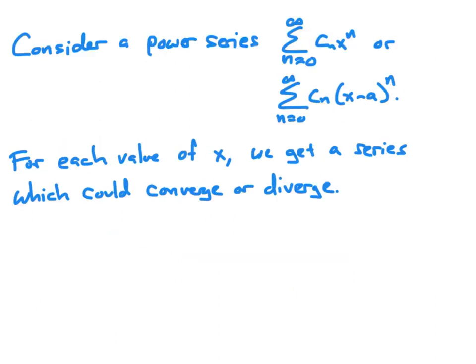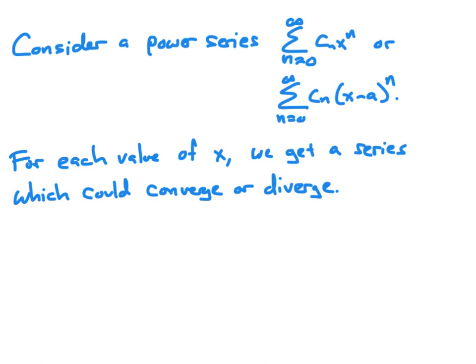Now that we've seen several examples of power series, we can think about how we might analyze them. So let's start by considering just a general power series, either of the form sum of c_n x to the n, so a power series centered at 0, or a power series of the form sum of c_n times (x minus a) to the n, which would be a power series centered at some number a.